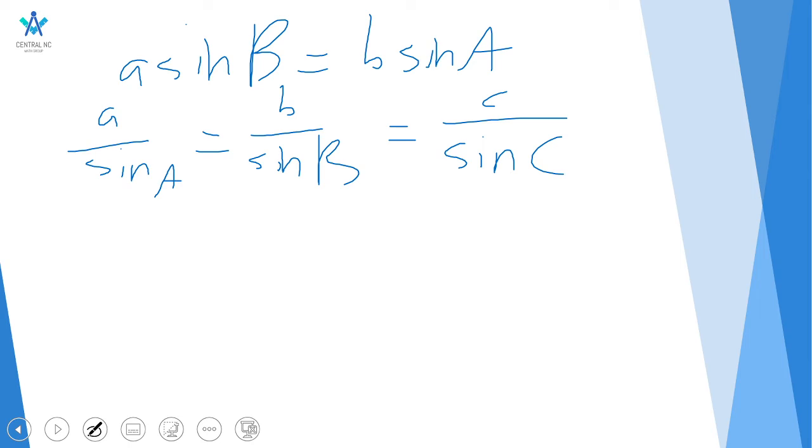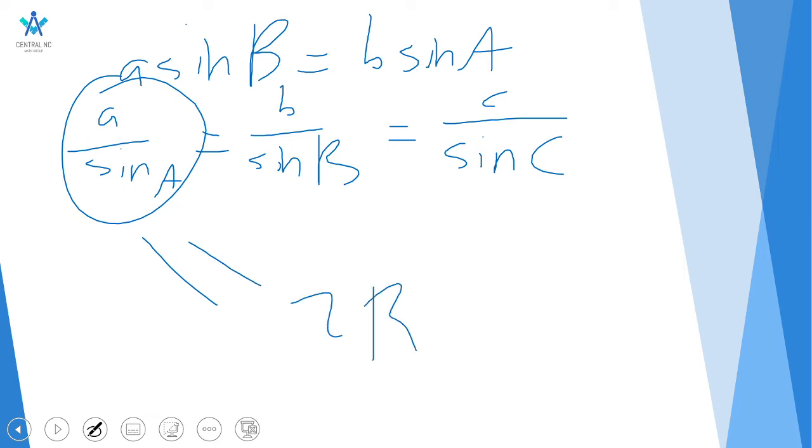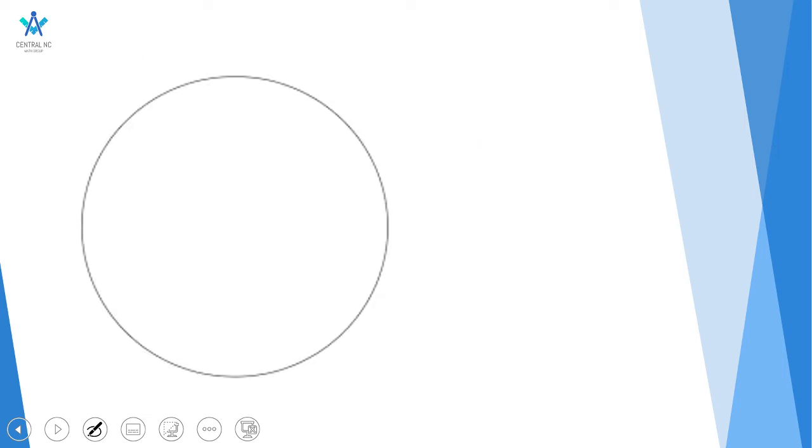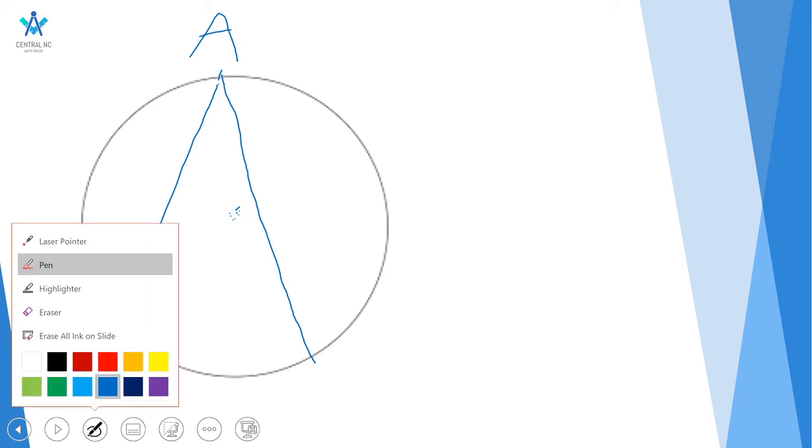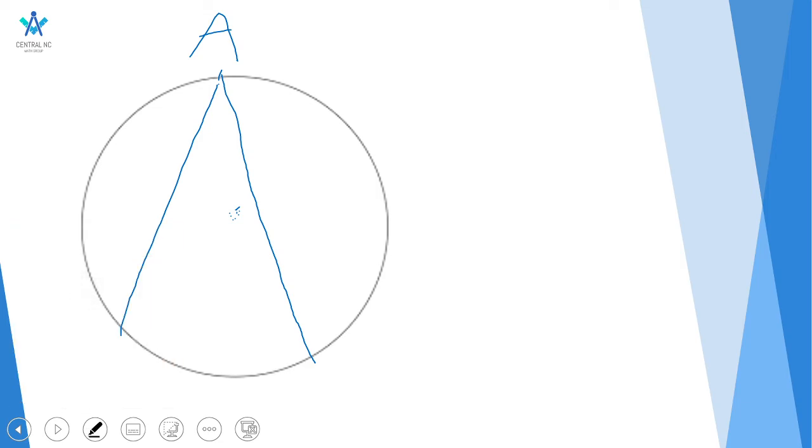Now if I can just prove that this is equal to 2R, it should make sense that that equals that and that equals that. So let's do the next side. Let's say we had an angle alpha, and this is the center of the circle.